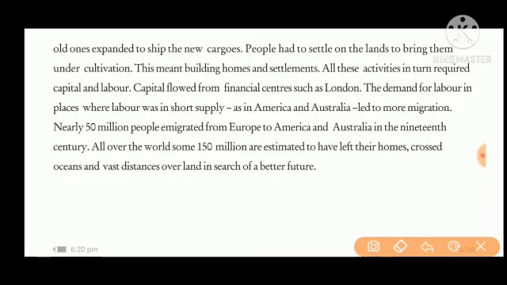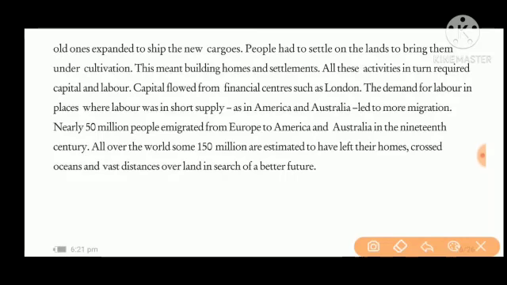So for the import and export of food, industrialization started in these regions. Railways were built, harbors were built, because the food needed to be imported and exported to the harbors and then by railway to the different cities. People had to settle on the lands to bring them under cultivation, and this meant building homes and settlements.